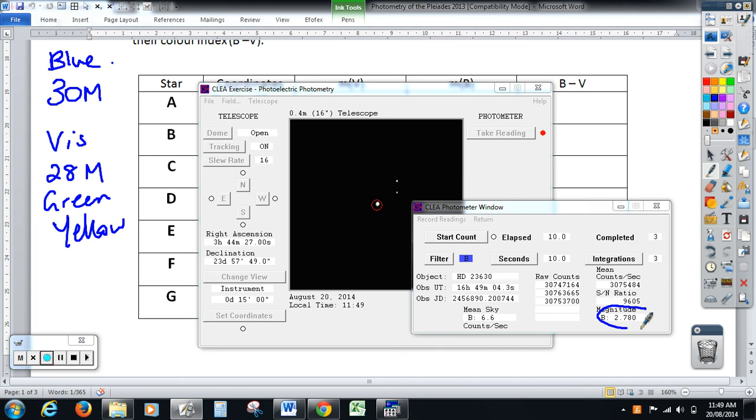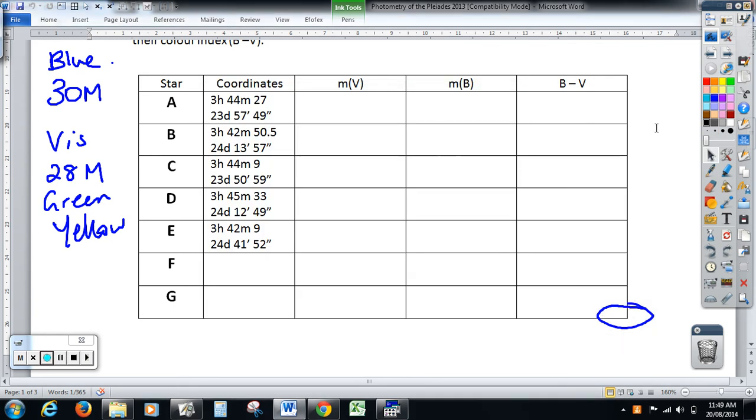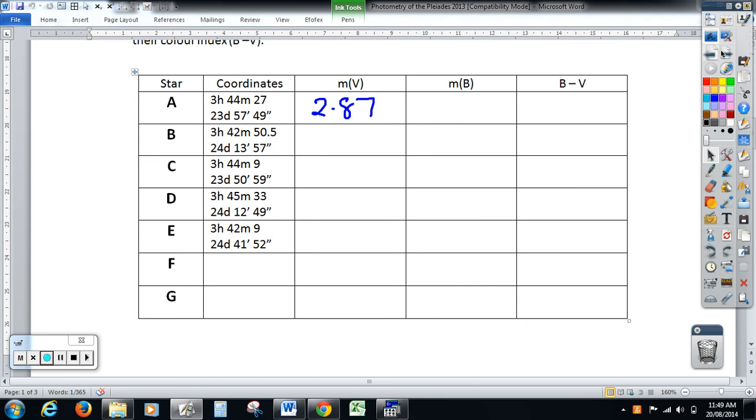Okay, down here we can measure the magnitude for the visual magnitude for this filter. So putting it back over here, we had 2.87 before, that was 2.78. So all we need to do this is subtract them. The B minus V is called the colour index.